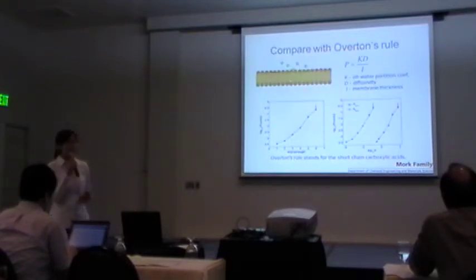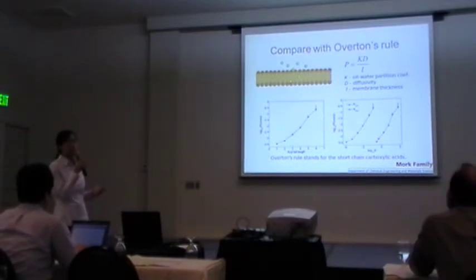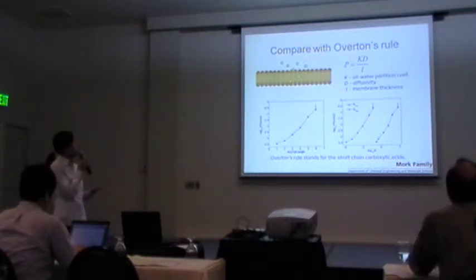Now we can summarize our result here. As the chain length of the carboxylic acid increases, its permeability increases. We checked these acids' oil-water partition coefficients from references, and found that as their partition coefficient increased, this is for the octanol-water partition coefficient, and this is for the hexadecane-water partition coefficient, their permeability increased.